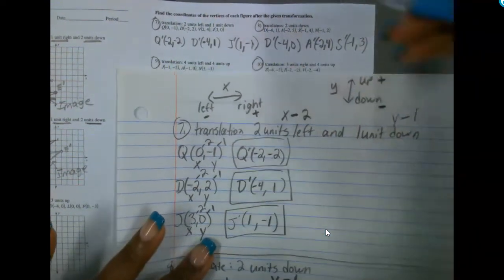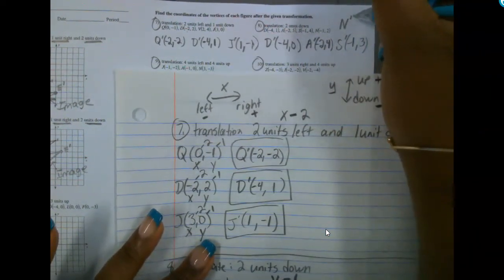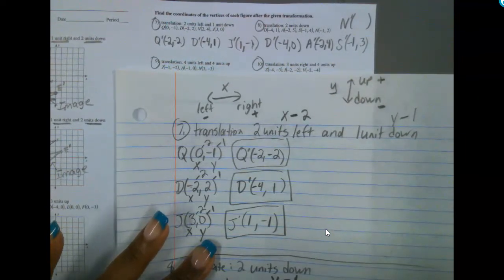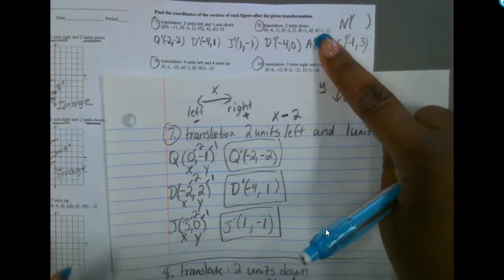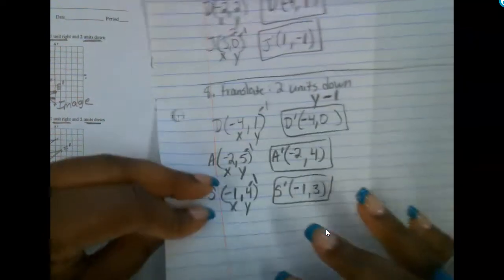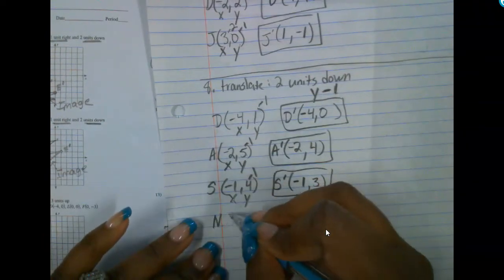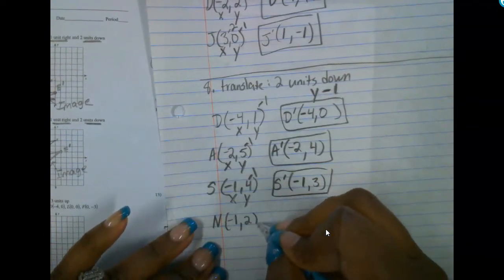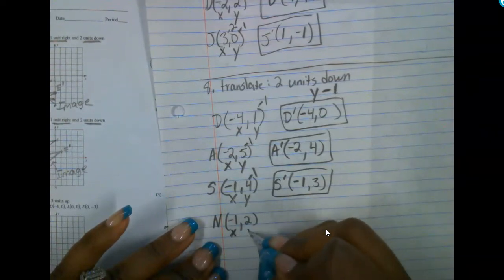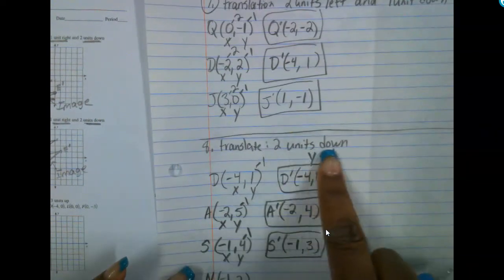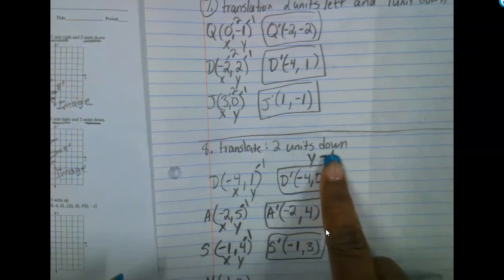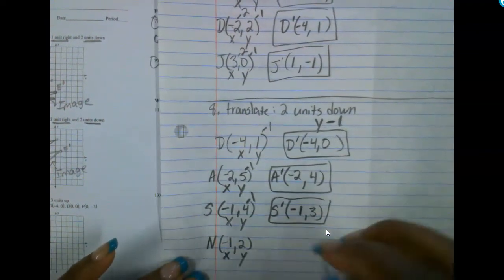Okay, let's do N. Let's do N prime, okay? What is N? The pre-image for N is -1 and 2. This is X. This is Y. Doesn't say anything about left to right, so leave X alone.